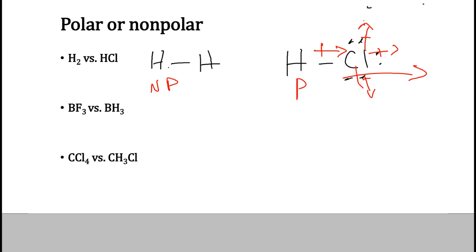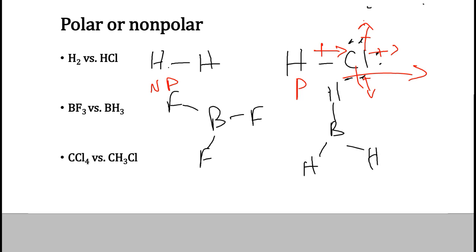Well, what about BF3 versus BH3? So here, each of these molecules has a contracted octet. Okay, so we know that fluorine is more electronegative than boron.